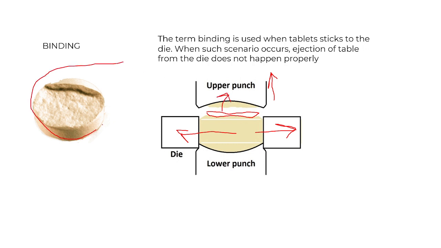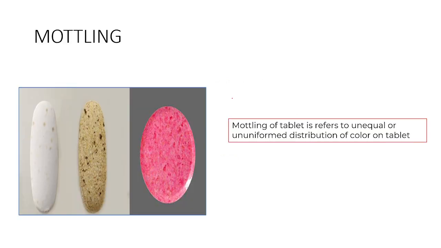As a result, we get this kind of tablet. We call it a binding effect. Binding simply means the tablet sticks to the die cavity, and when we remove the upper punch, some of the tablet gets bound to the upper punch. So this is about binding.